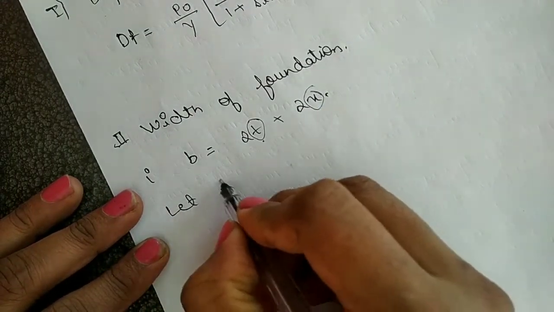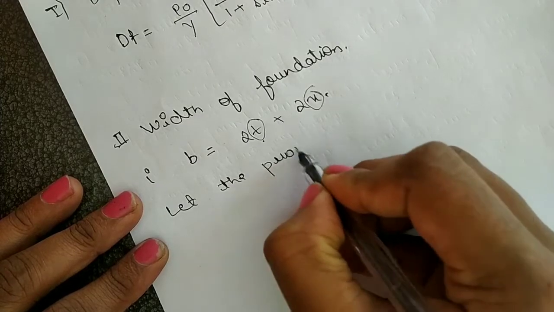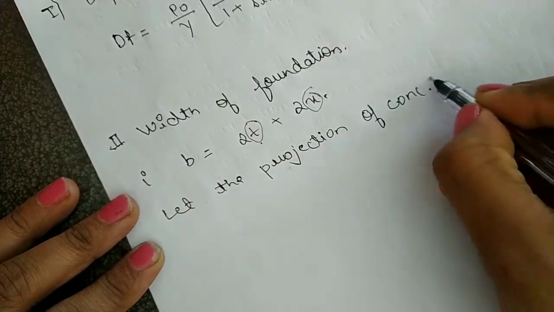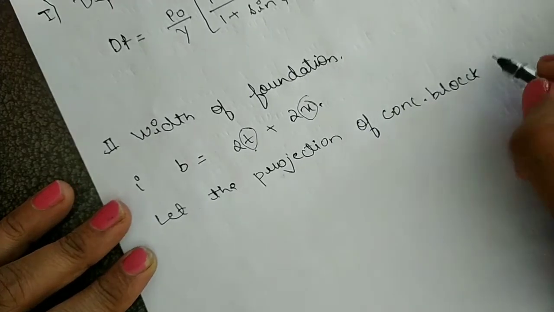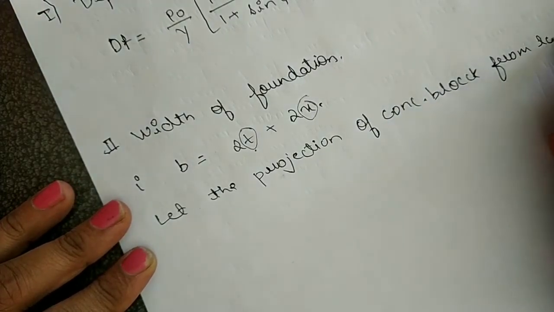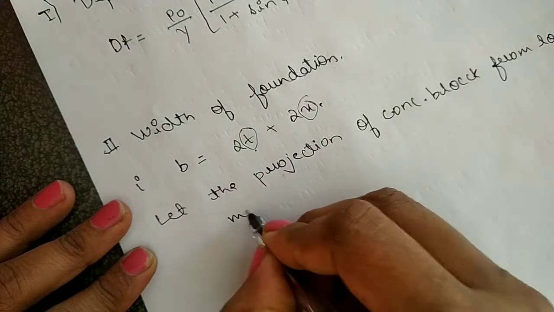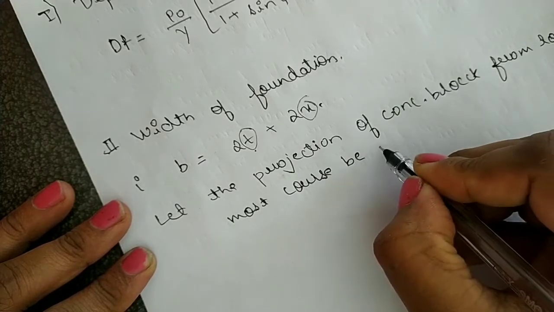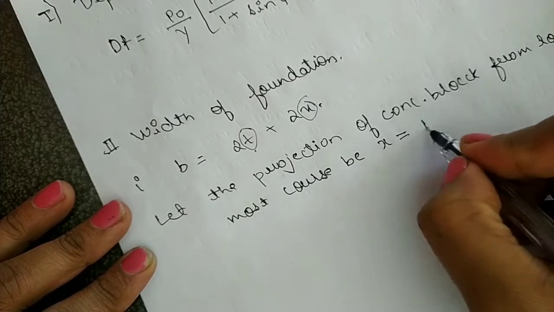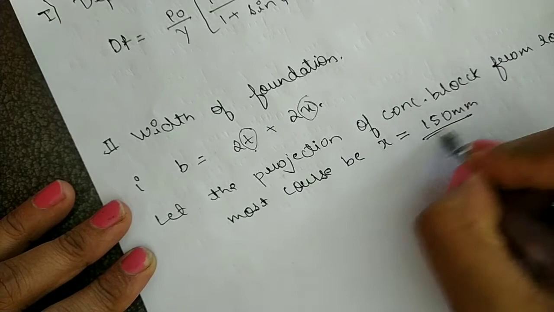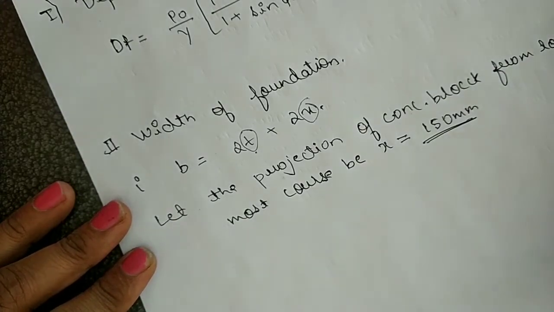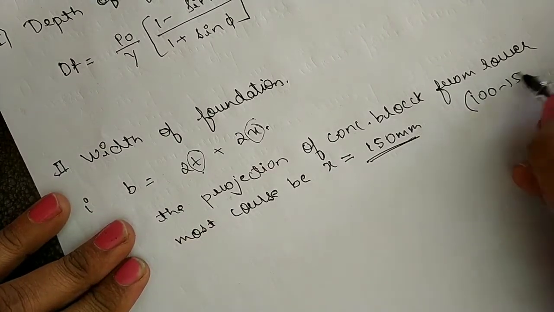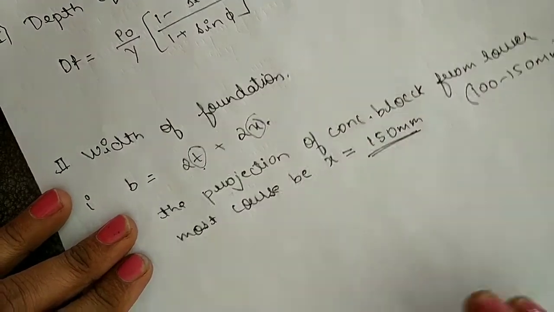Now let the projection of the concrete block from the lowermost course be x equal to 150 mm. This you can assume to be 150 or 100. You have to assume it in the range of 100 to 150 mm, not more than this.